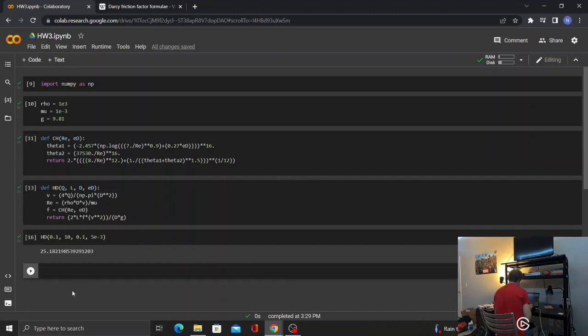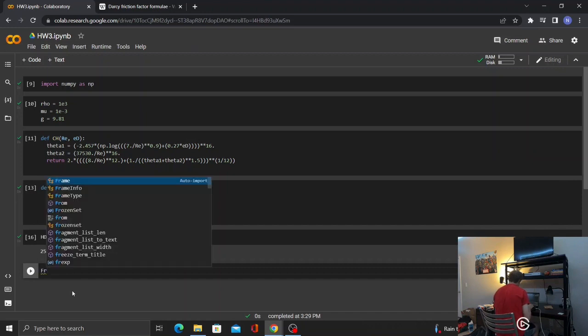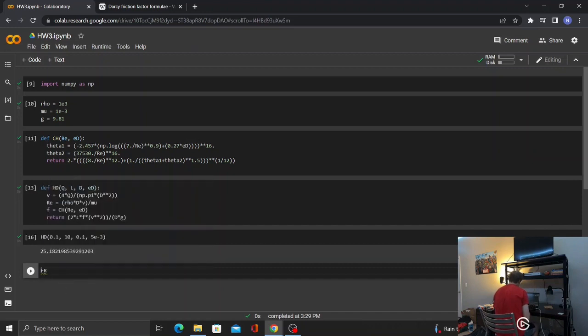So I'm going to define a function for the flow rate, and for this we will be inputting the head drop that we know, which I'm just going to end up calling beta, and then we will have the length, the diameter again, and our roughness again.